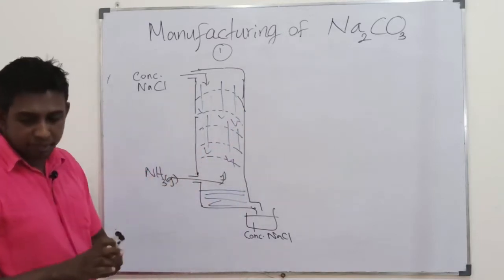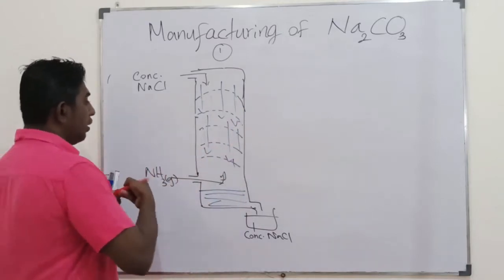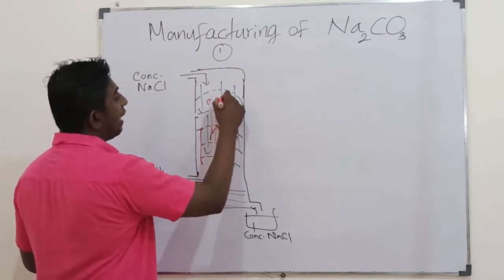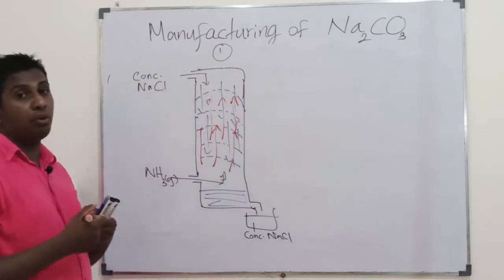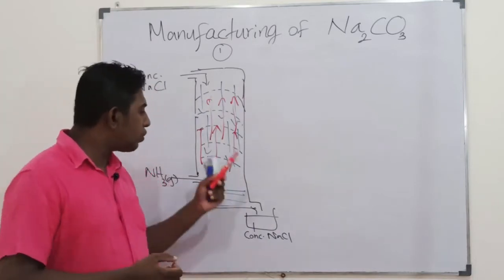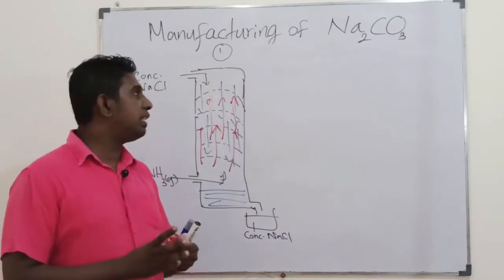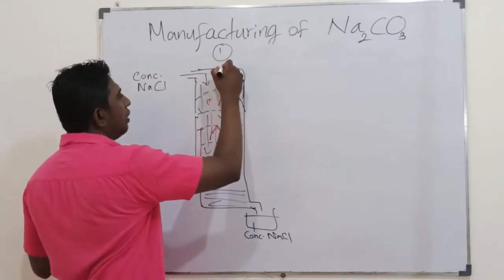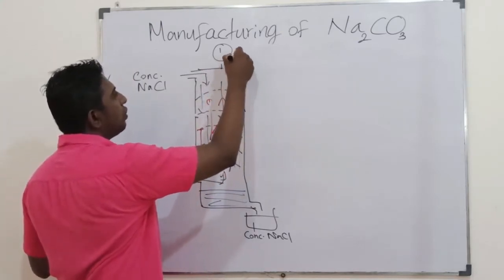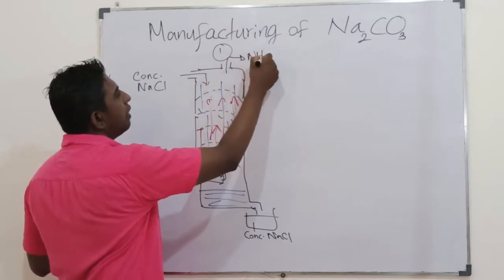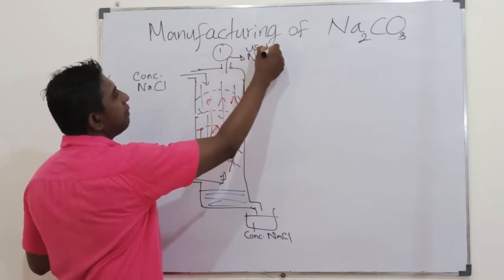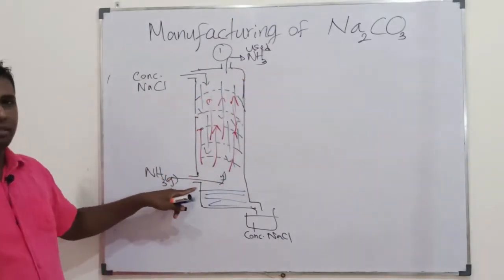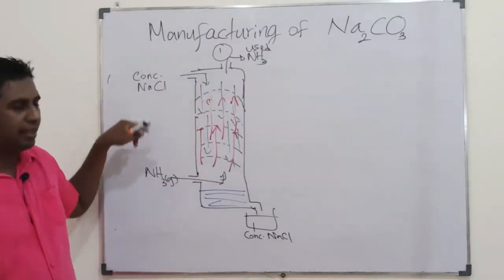So it is the counter current method. You blow ammonia gas up, then this ammonia would get dissolved. This solution would be saturated with ammonia. It's possible some ammonia is left behind. So you collect that used ammonia, then take it and pass it back. So you could recycle that.